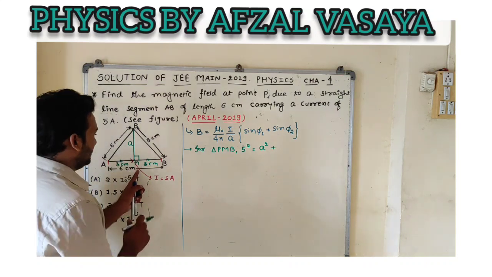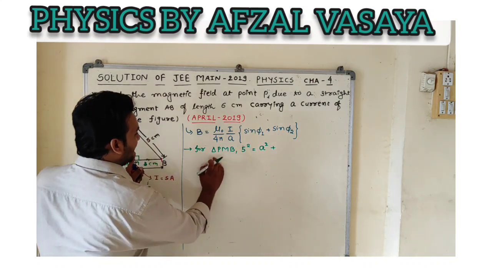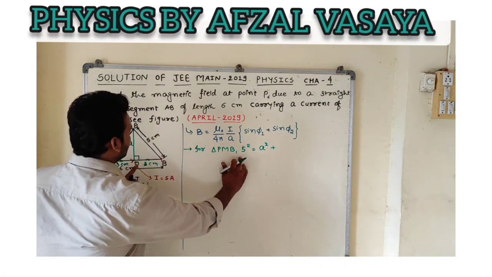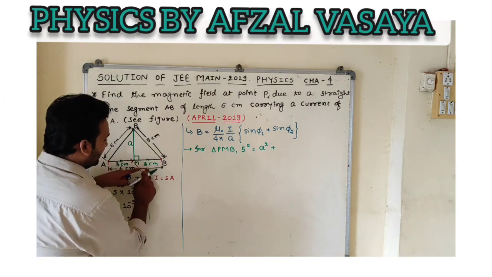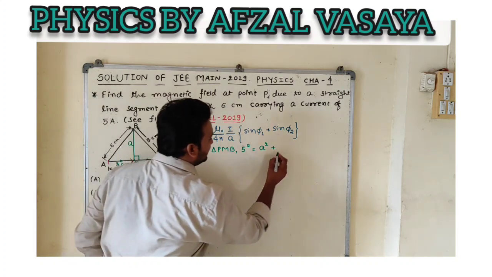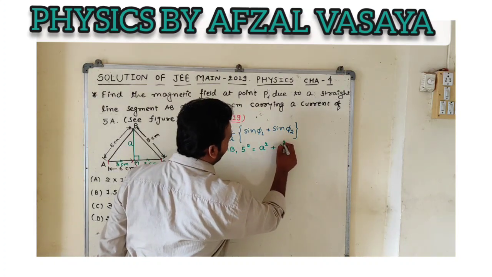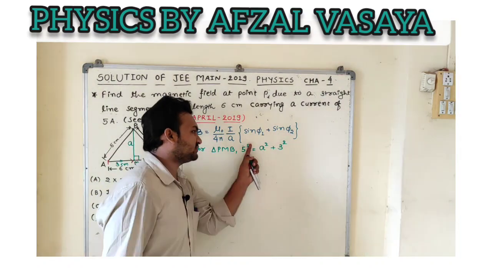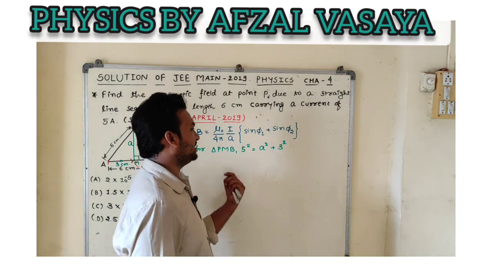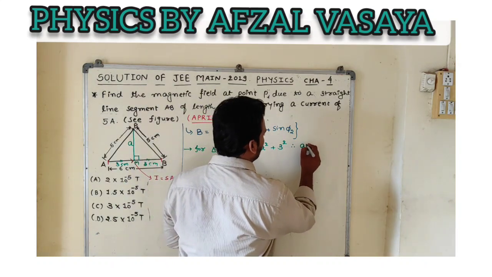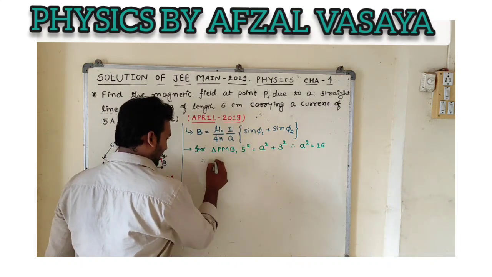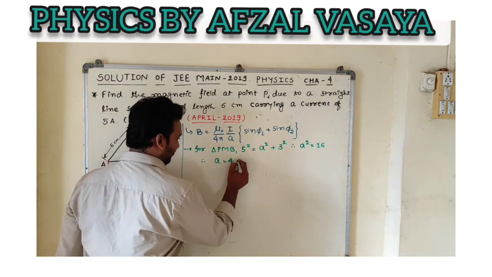So for triangle PMB, the hypotenuse is 5 cm, so 5 square equals A square plus 3 square. Square of 3 is 9, square of 5 is 25, and 25 minus 9 is 16, so A square equals 16 and A equals 4 cm.